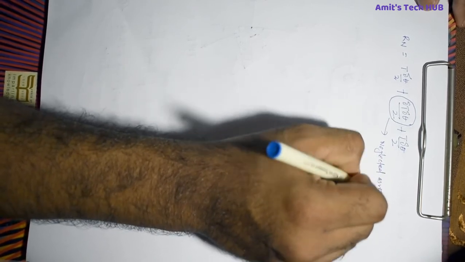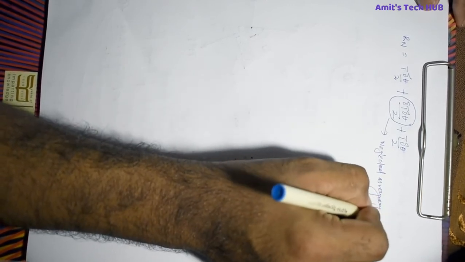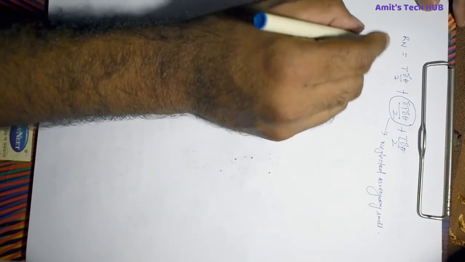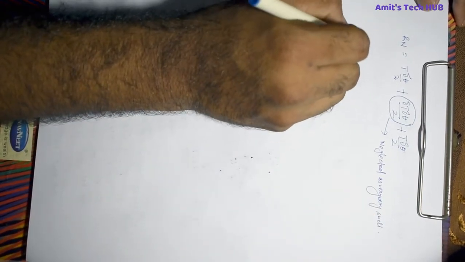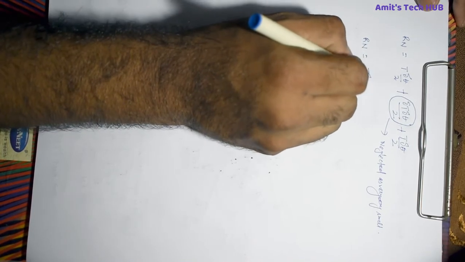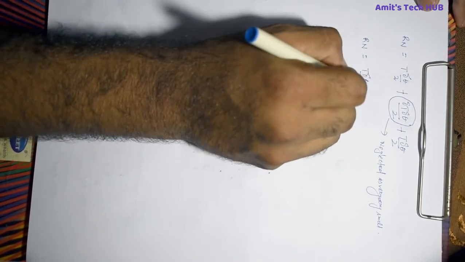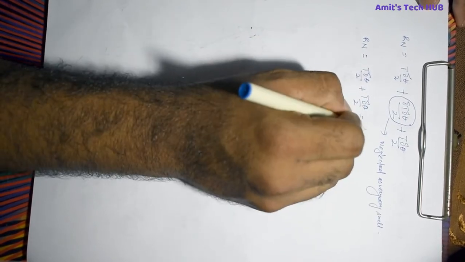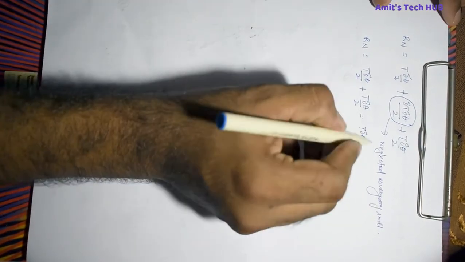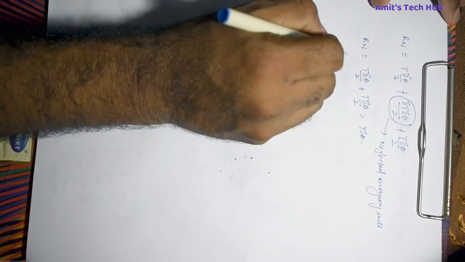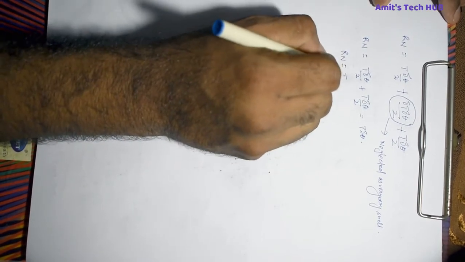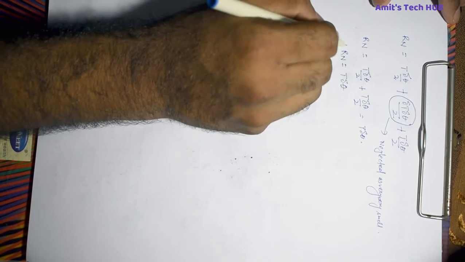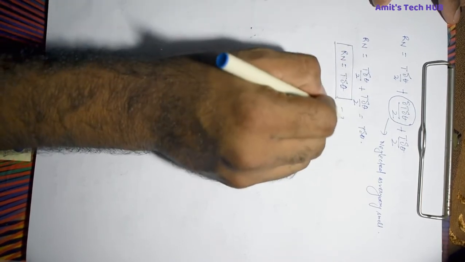So now we can write that Rn is equal to T del theta by 2 plus T into del theta by 2, so that is 2T del theta by 2, so the 2 cancels out, and that is simply T del theta. So we get Rn is equal to T del theta. Let it be equation number 2.